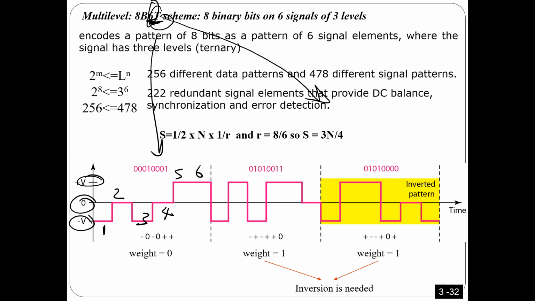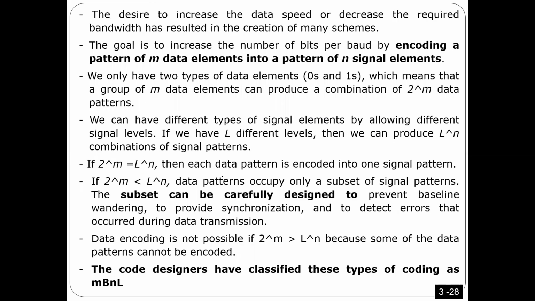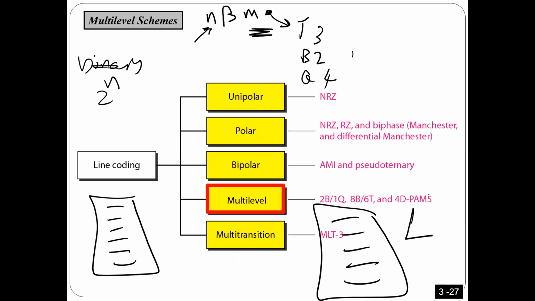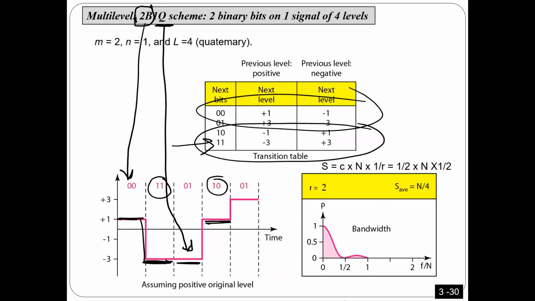So how many combinations of this pattern can we have? This is all the combinations we have for the pattern. It's going to be L raised to the power M. L means how many levels we have, raised to the power M. Is that okay? So for example, let's look at this example here.